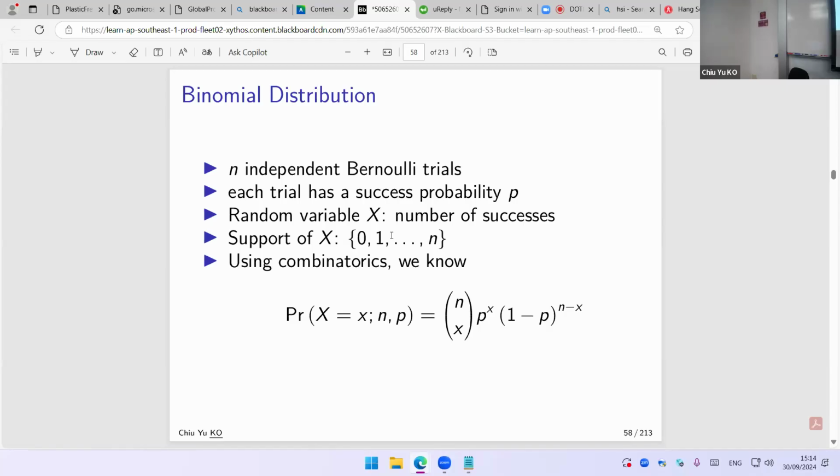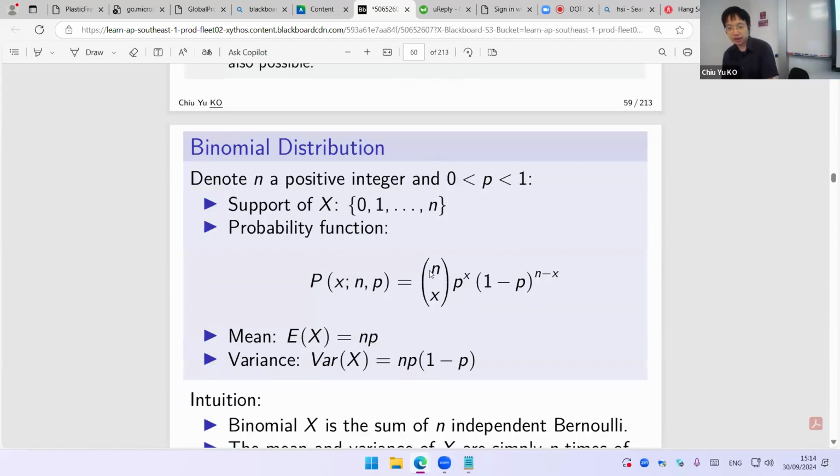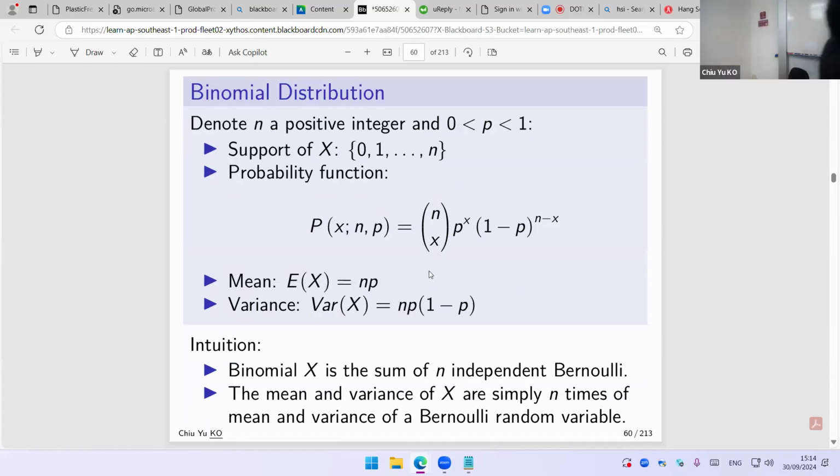Okay? But when we end this, okay? This is the binomial model with parameters n and p, okay? Turns out, not surprisingly, the mean of this random variable is n times p because they're independent. Okay? And the variance is np times 1 minus p.